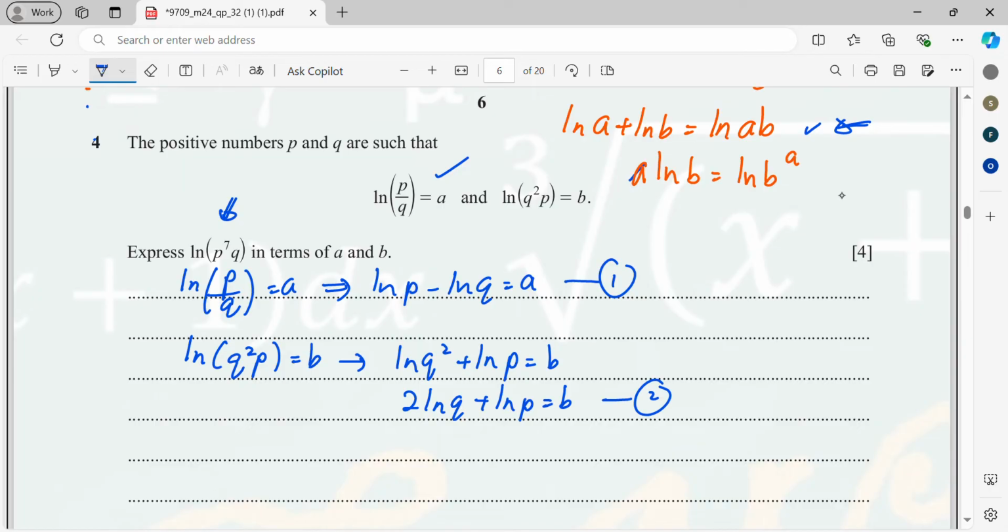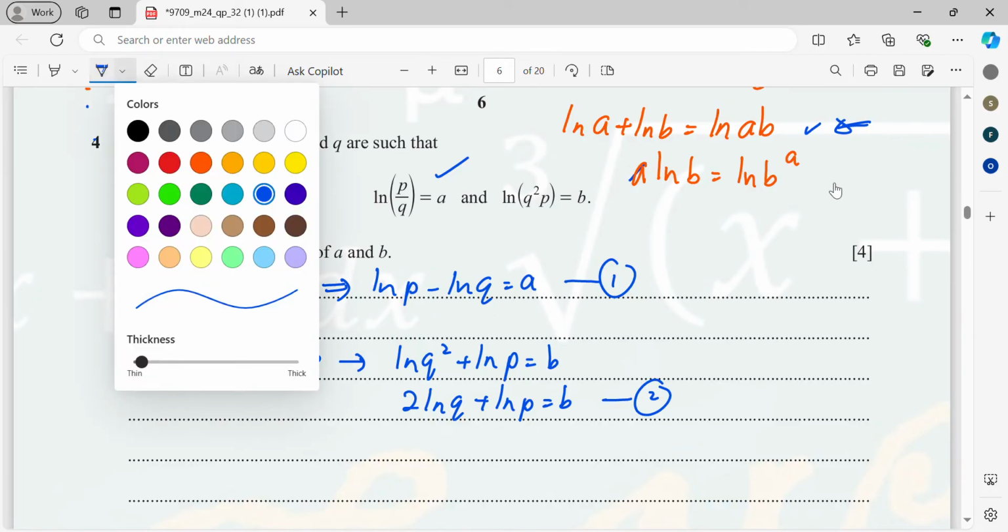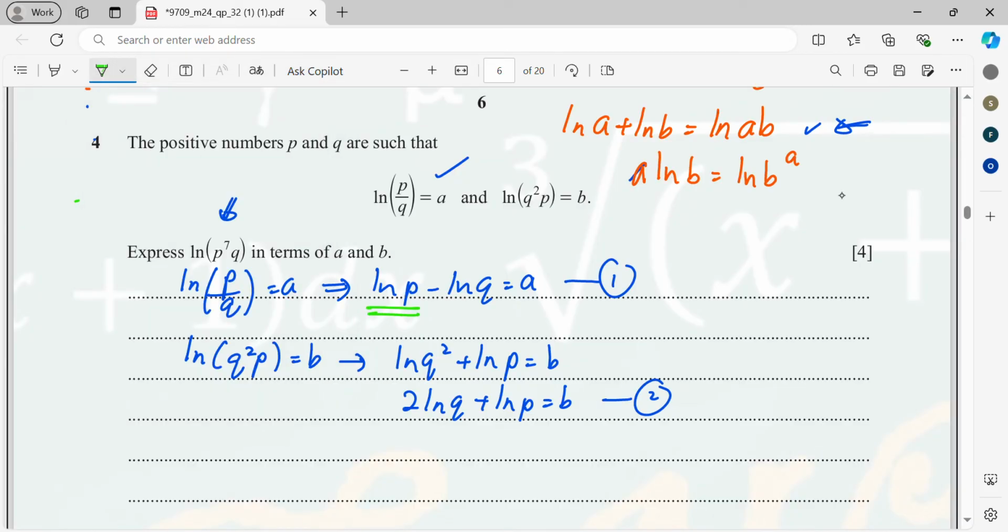So now I am going to solve the simultaneous equations. I notice that the plus ln p is exactly the same in the first and second equation. Therefore, I'm going to use the elimination method to find ln q.